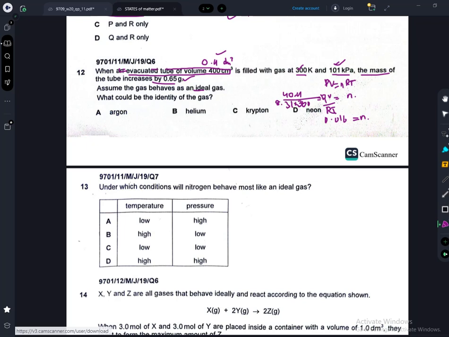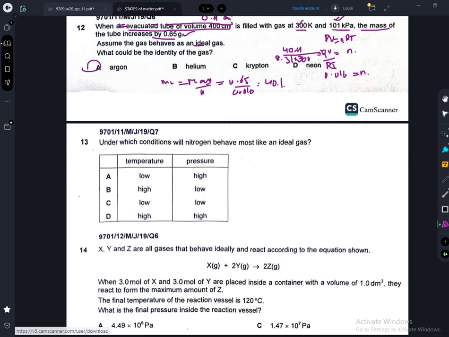This equals 0.016, which is the number of moles, and the mass was 0.65 grams. So Mr is equal to mass by n, rearranging the mole formula: 0.65 divided by 0.016 equals 40.1, which is certainly an isotope of, I guess, argon. 40, yes, it's argon. So A is your right answer.